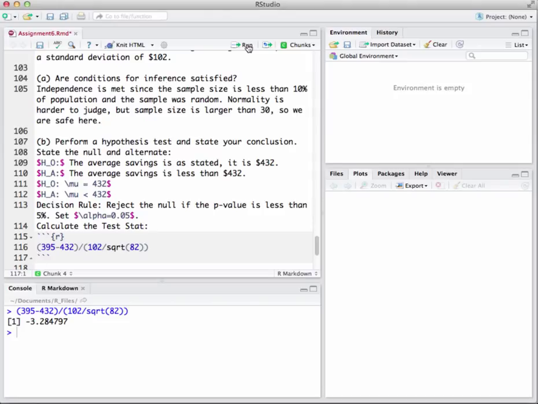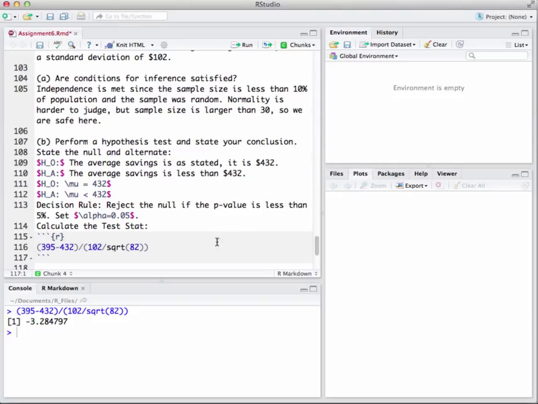So already the evidence is weighing handily in favor of the alternate hypothesis. In other words, we should say that it is significant evidence to reject the null hypothesis and assume that the alternate is the way of the world, that they're not saving as much as what they actually said.